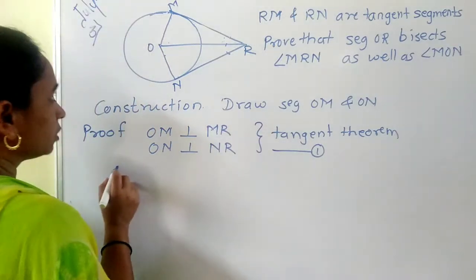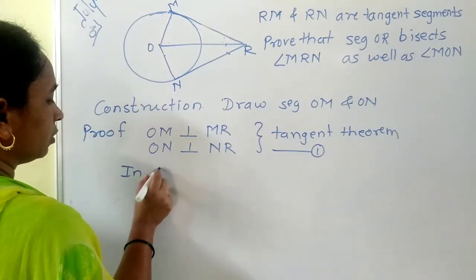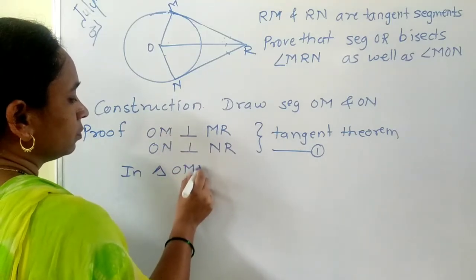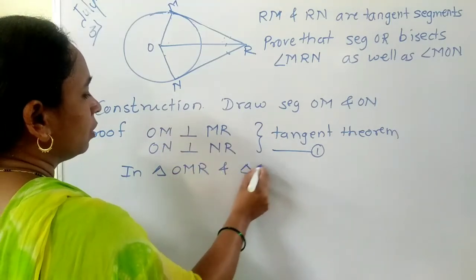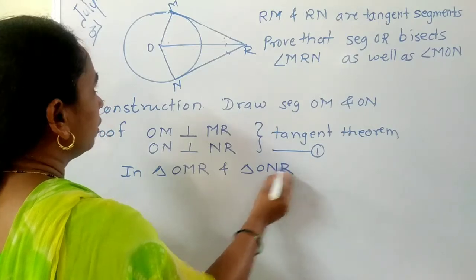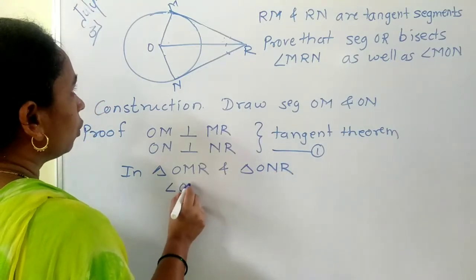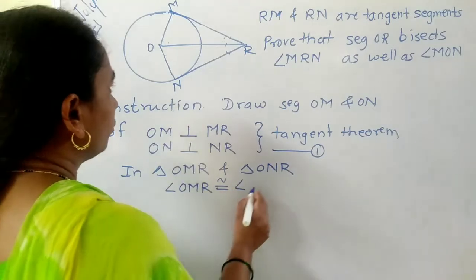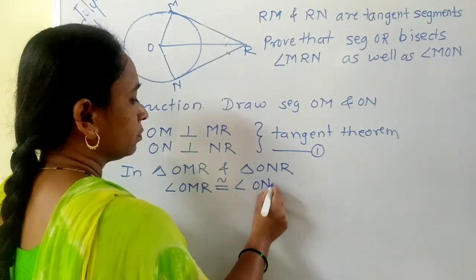Now I'll consider the two triangles. In triangle OMR and triangle ONR, angle OMR is congruent with angle ONR.